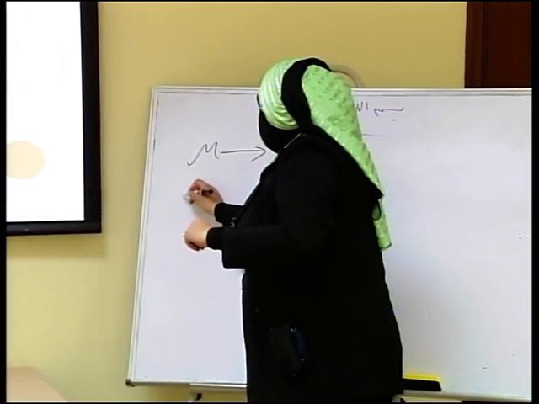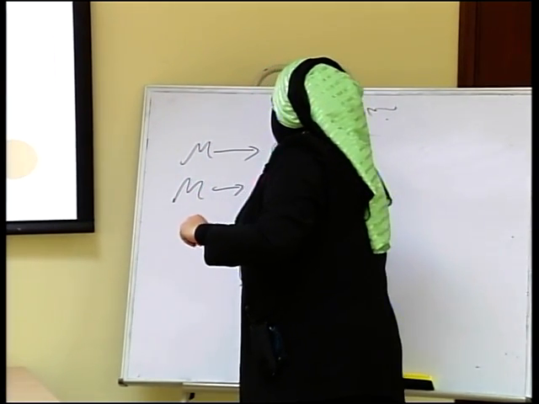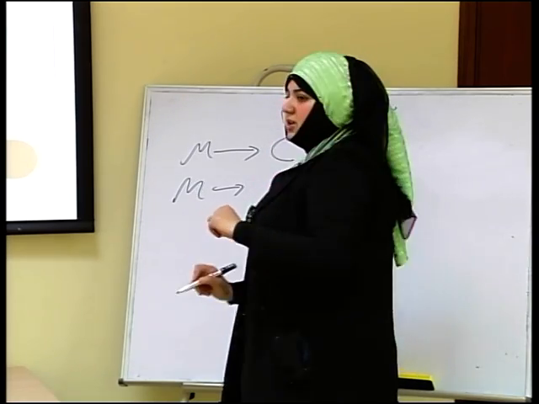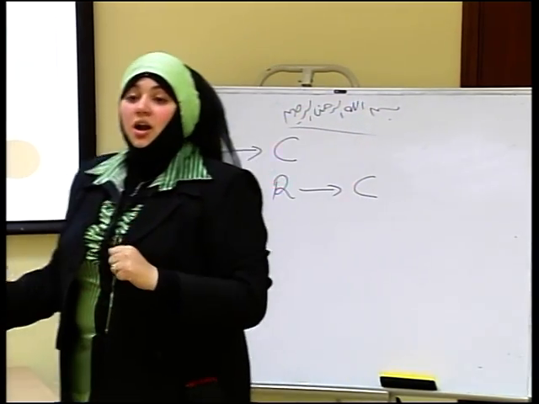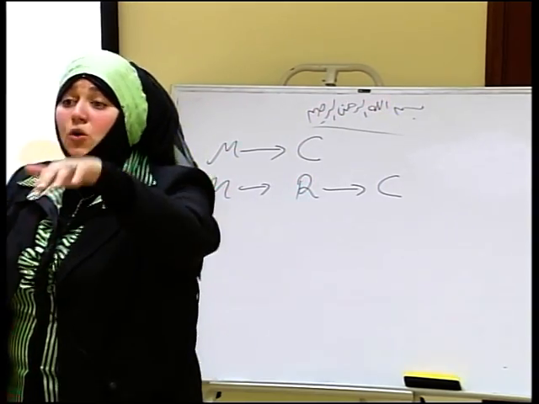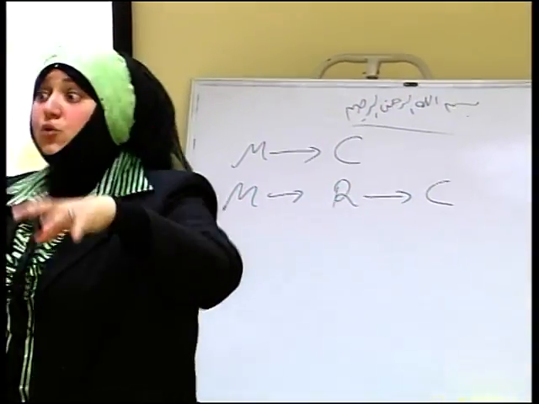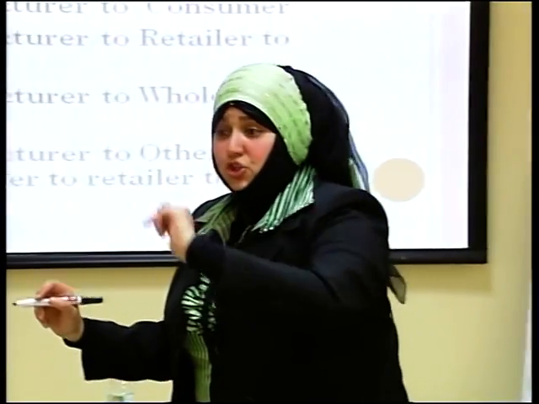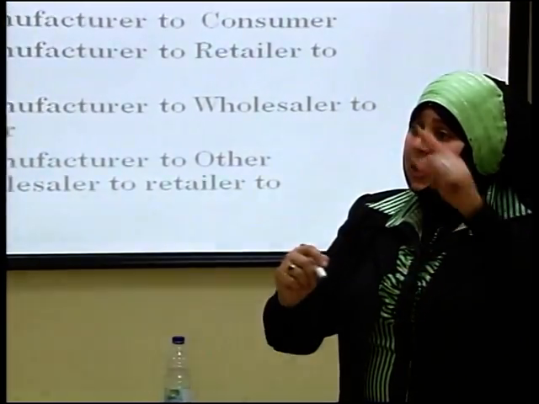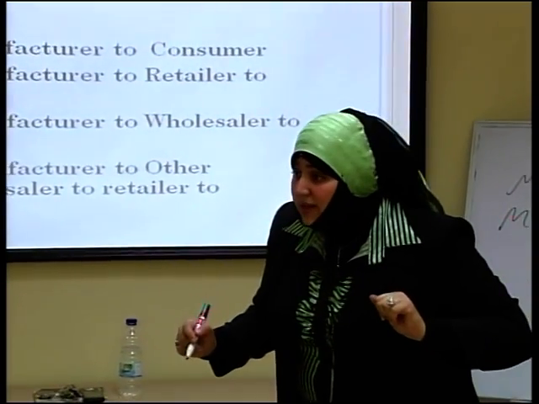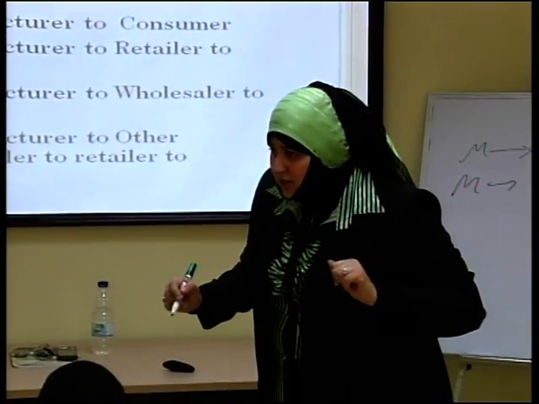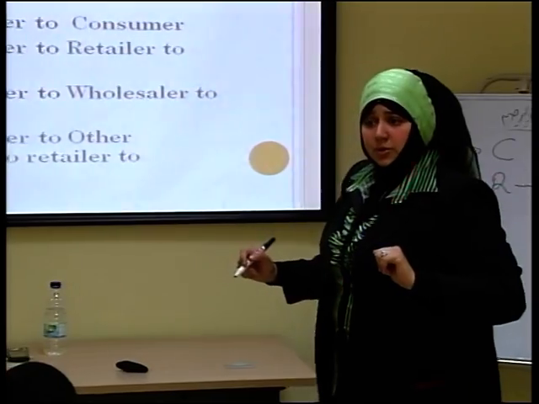The second one, from manufacturer to retailer to consumer, like in car manufacturing. Do we have wholesalers in the middle? No, we have from the manufacturer to the retailer to the consumer, when you go and buy your car from one of the retailers, right? So this is an example.